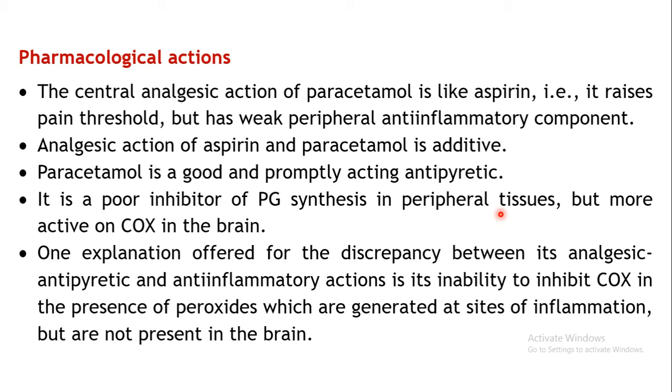So its central component is more important. It is more active in inhibiting the enzyme COX in the brain. By inhibiting the COX in the brain, it raises the pain threshold. That's the main mechanism of action of paracetamol, whereas it has a very weak anti-inflammatory property.